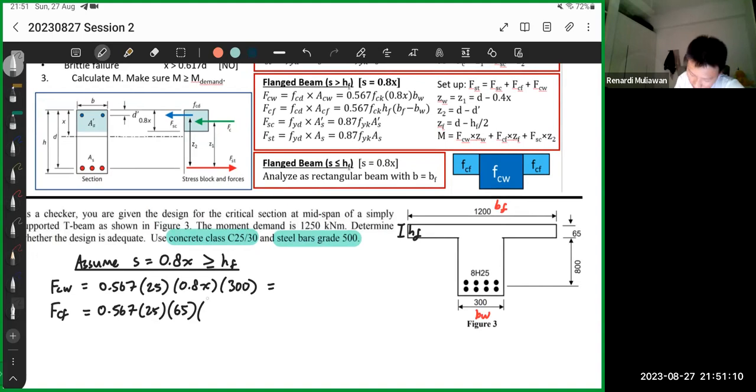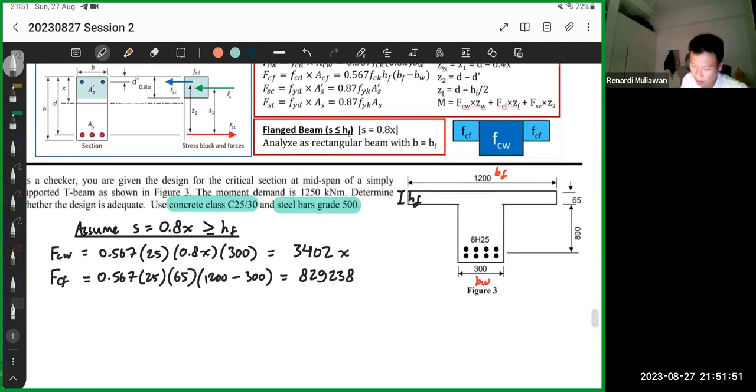BF is 1,200 and BW is 300. Let's put it in our calculators: 0.567, 25, 65, 1,200 minus 300. You will get 829,237.8, I just round up.